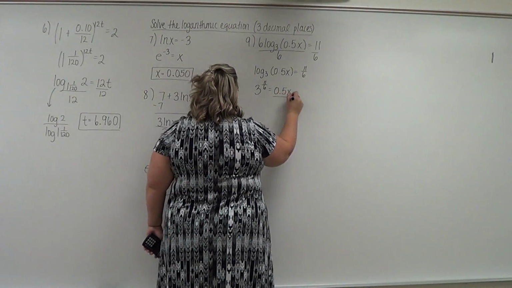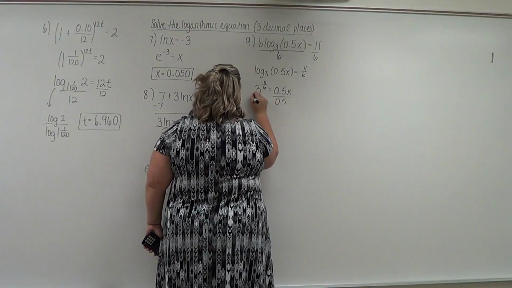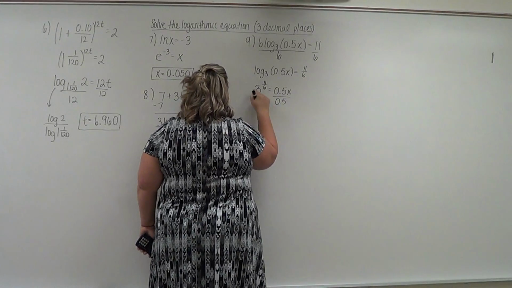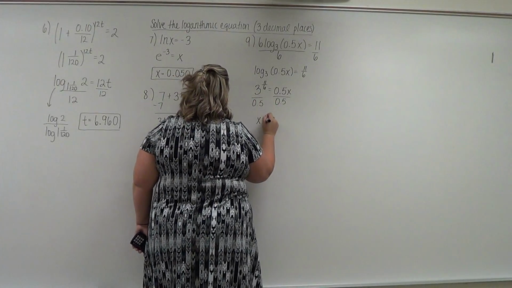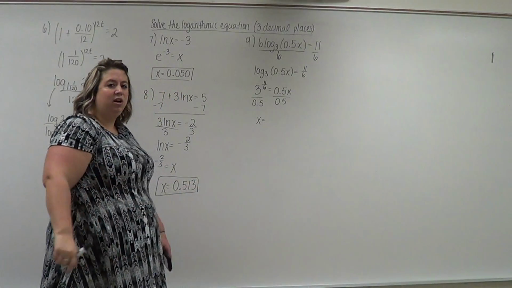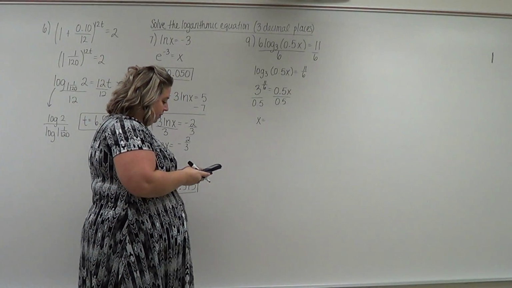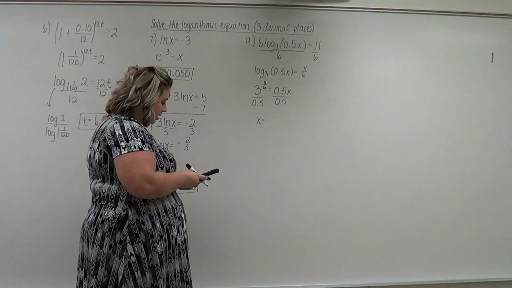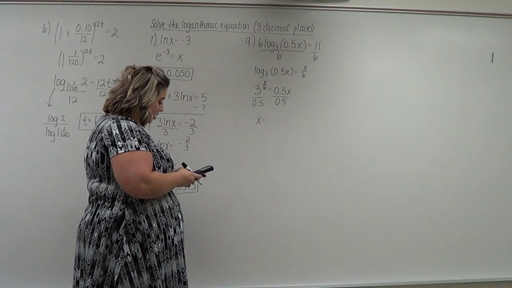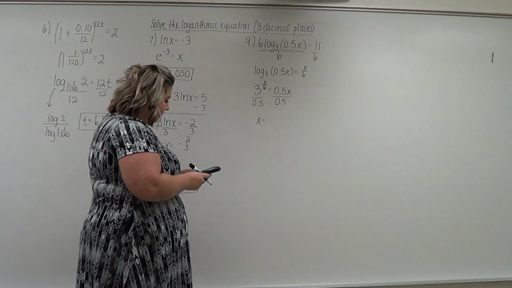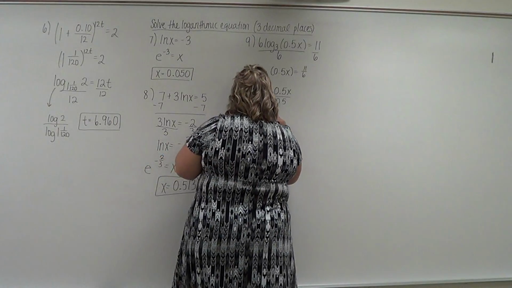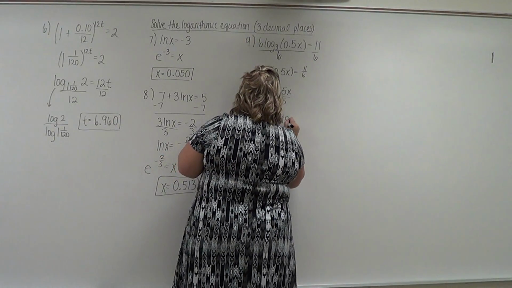Then to solve for x, I would divide by 0.5. Make sure you solve this first before you divide by 0.5. Don't try to do it all in one step on your calculator. So 3 to the 11/6 divided by 0.5, you get 14.988.